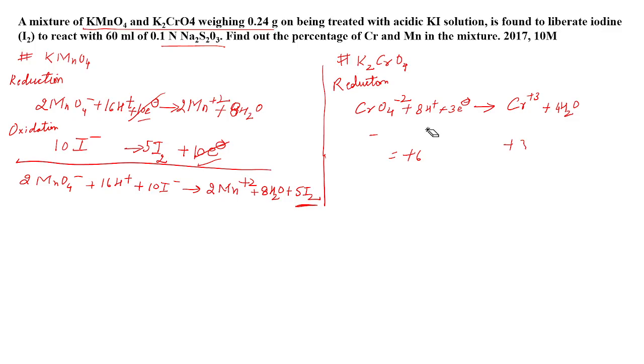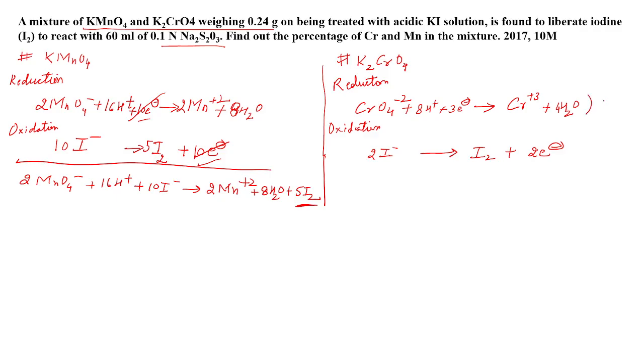Okay, so this reduction half reaction is balanced, and in a similar way we need to balance this oxidation half reaction, and we already balanced it, right? It will give you I2 plus 2 electrons. Again when we add these, we need to cancel the electrons out, but right now this is not the case.